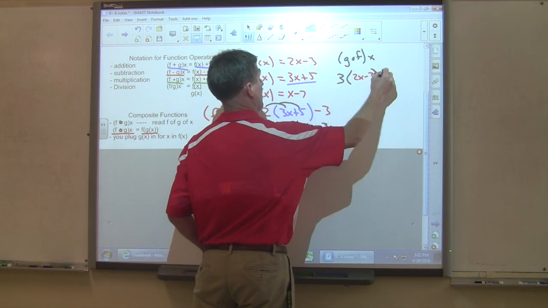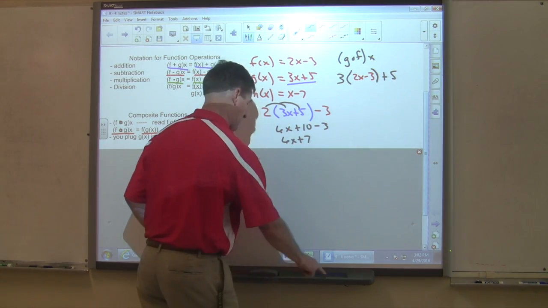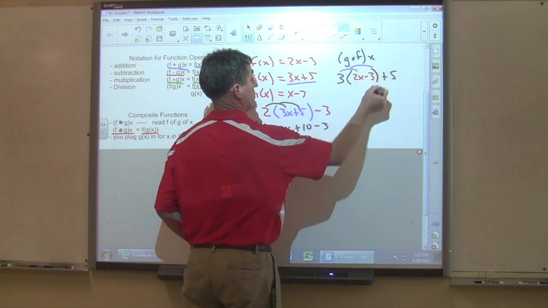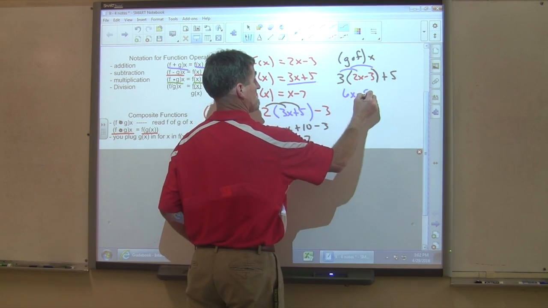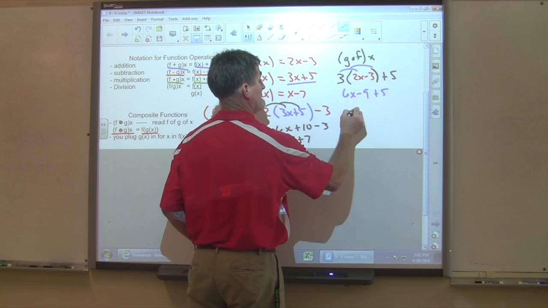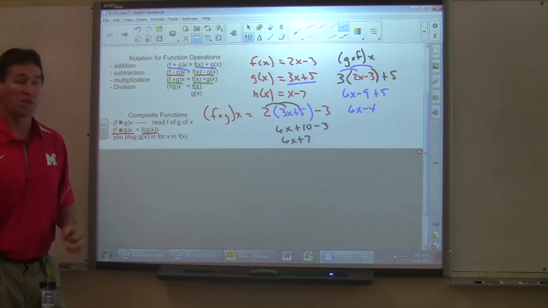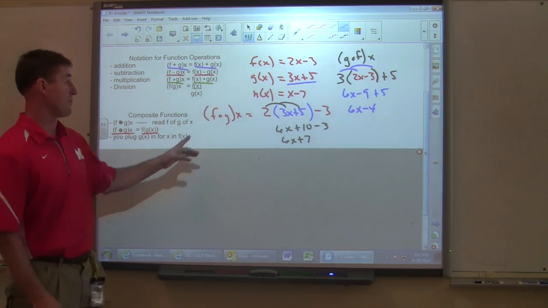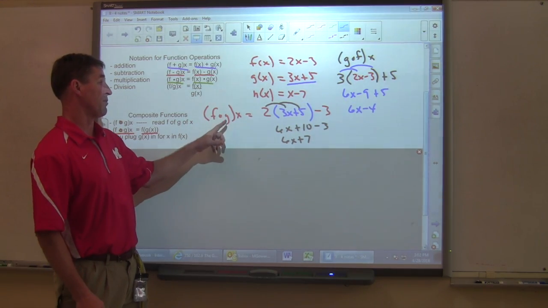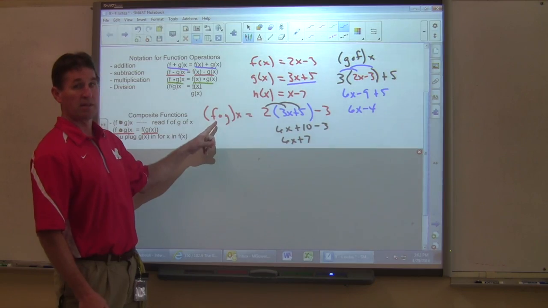And then we have our plus 5. And again, we simplify that. So 6x minus 9 plus 5, so 6x minus 4. So it's not real complicated as long as you remember you start with the first one, and when you come to the variables, you plug the second one in.